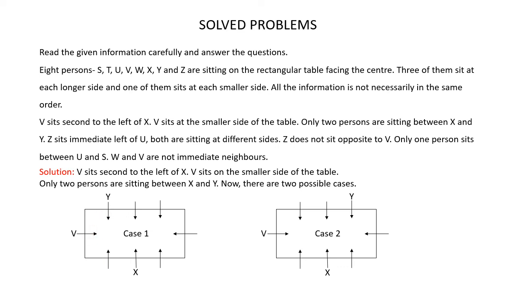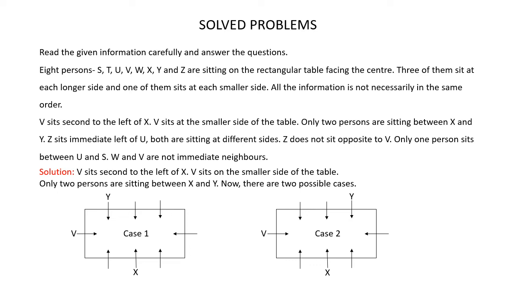So this cannot be the position for X. Similarly, if this is the position for X, then second to the left of X will be this position which is on the longer side of the rectangle and cannot be the position for V. So clearly this is the position for X. Only then second to the left of X will be this position for V on the smaller side of the table. So fix X here in this position and V in this position.